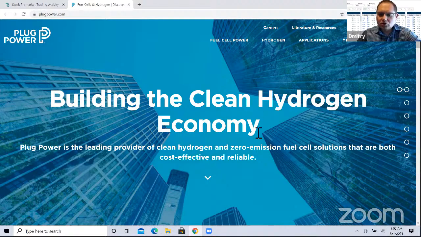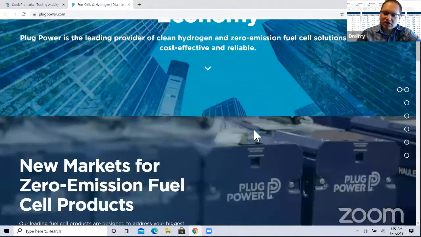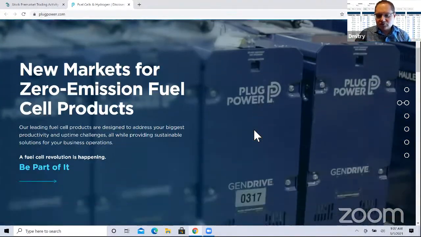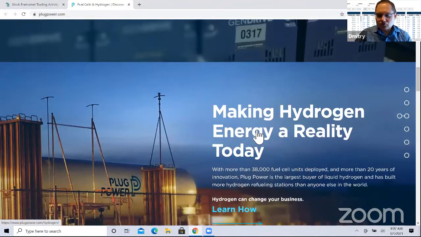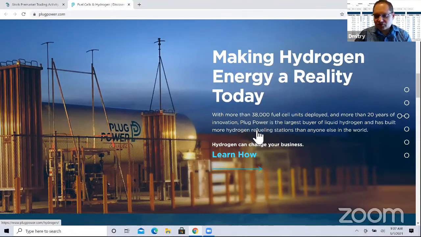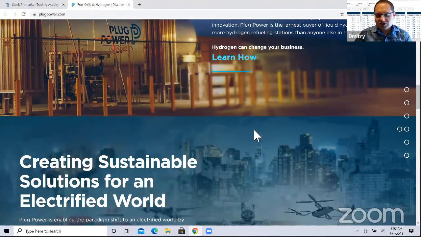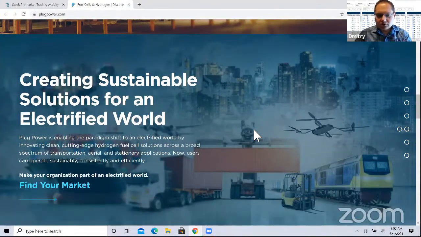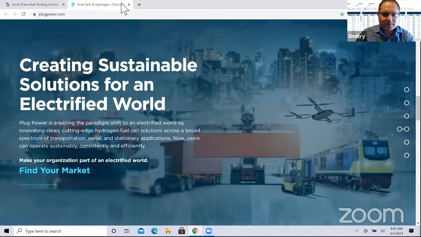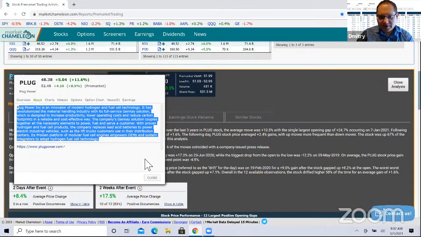So here you could start reading more about what these companies do by going to their website, going to their investor relations sections, just to learn what's going on. I'm going to close this real quick. So that's Plug Power.